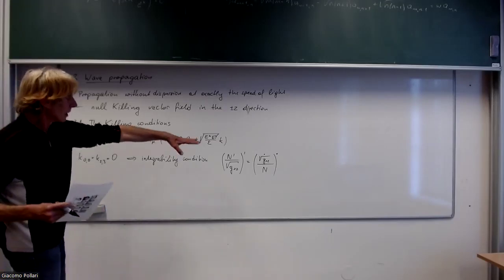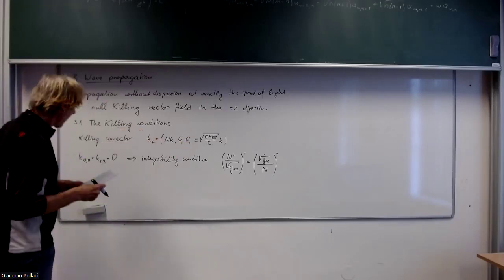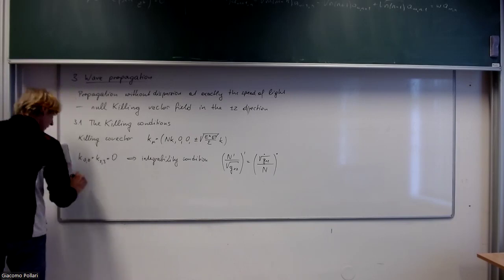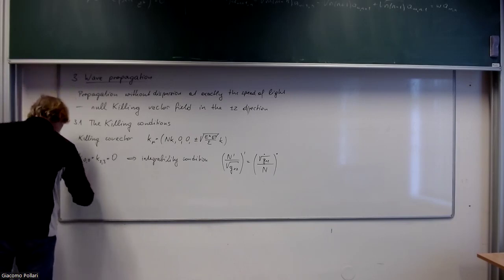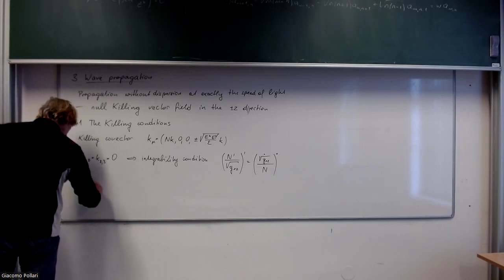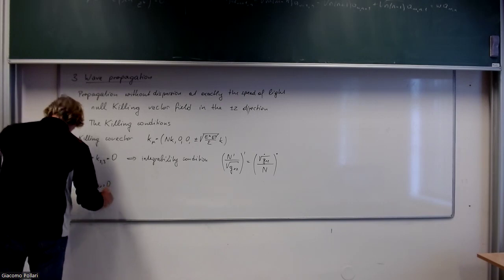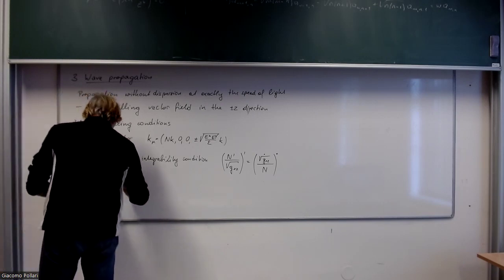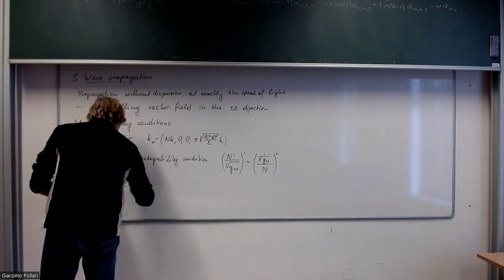So here we have time and space relations, and the remaining non-trivial Killing equations k22 equal to k11 equal to 0.